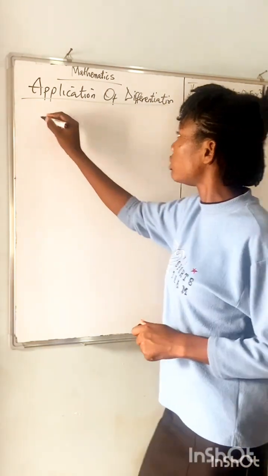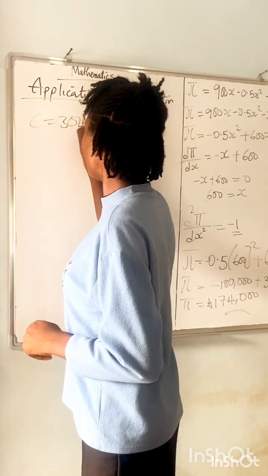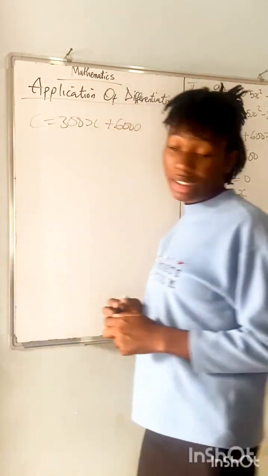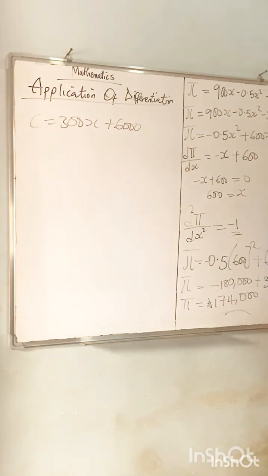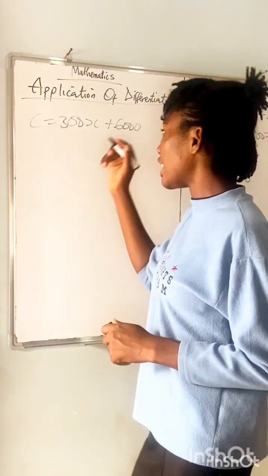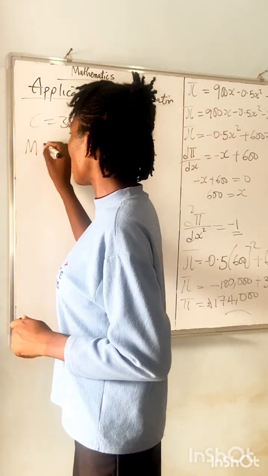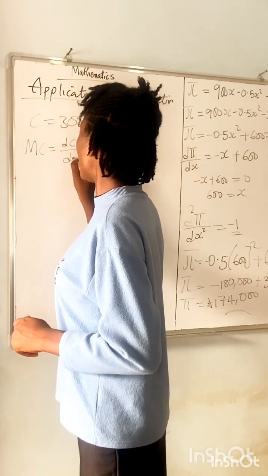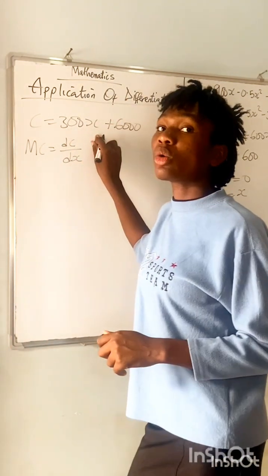Mind you, our cost remains 300x plus 6,000, and this is our total cost, alright? 300x plus 6,000. Alright, so like I said, our marginal cost is simply the total cost differentiated with respect to what? Quantity, right?